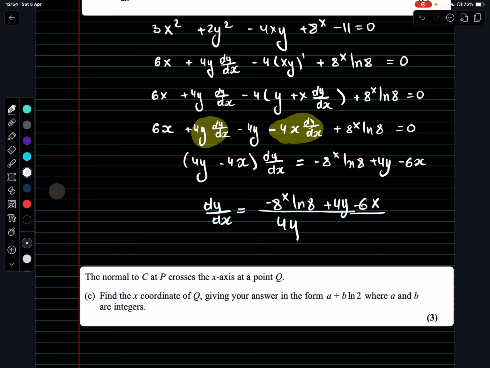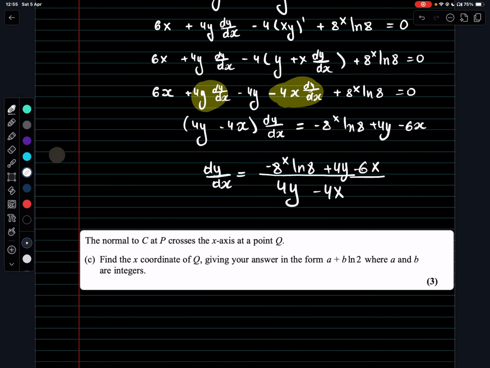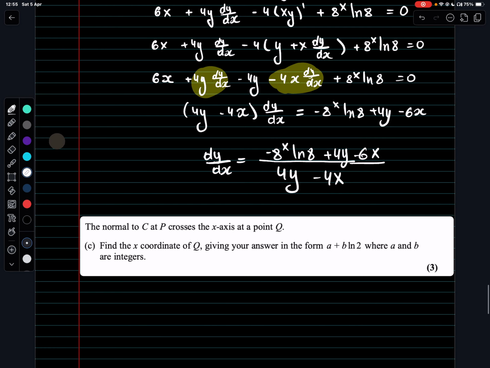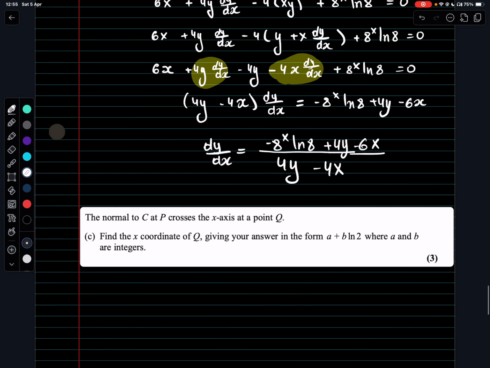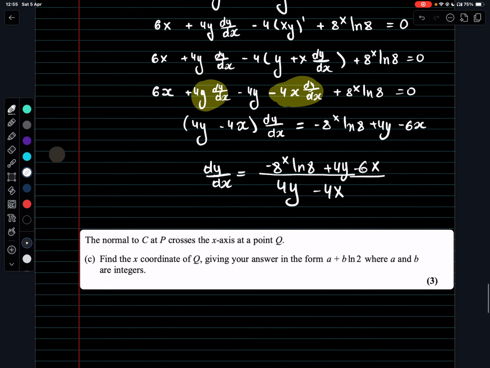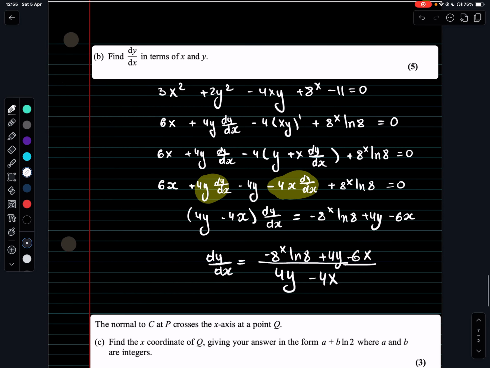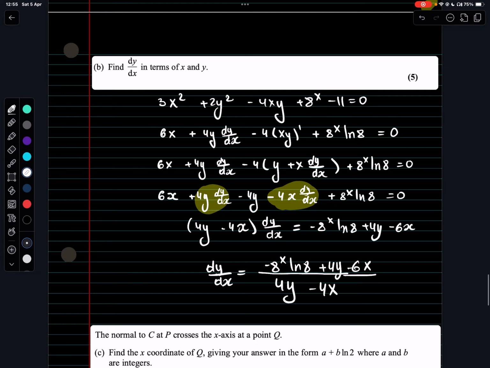So dy over dx is going to be negative 8 to the power of x ln 8 plus 4y minus 6x, divided by 4y minus 4x. Of course, you might see different rearrangements of this. Okay, so that's how we find dy over dx. That's implicit differentiation.